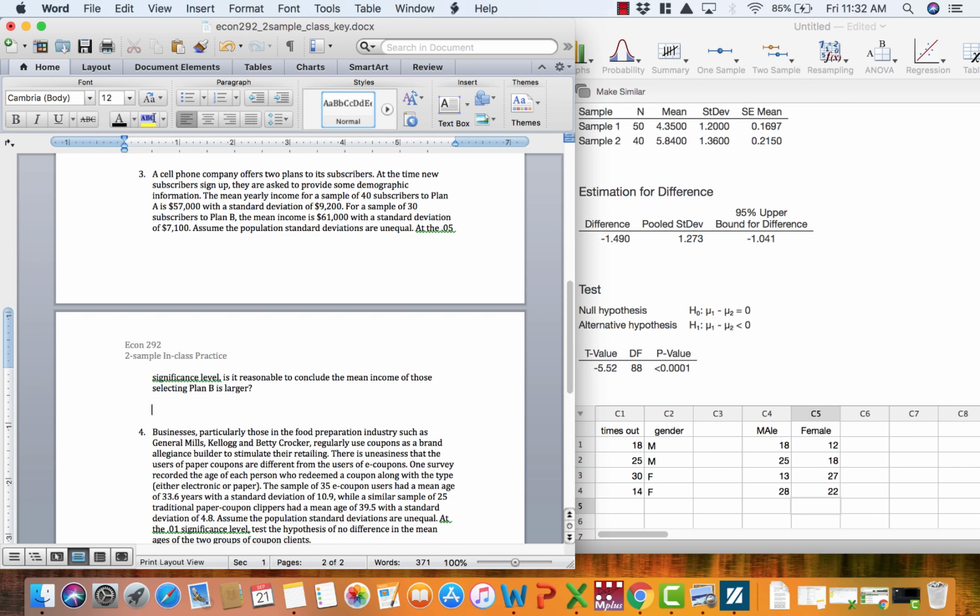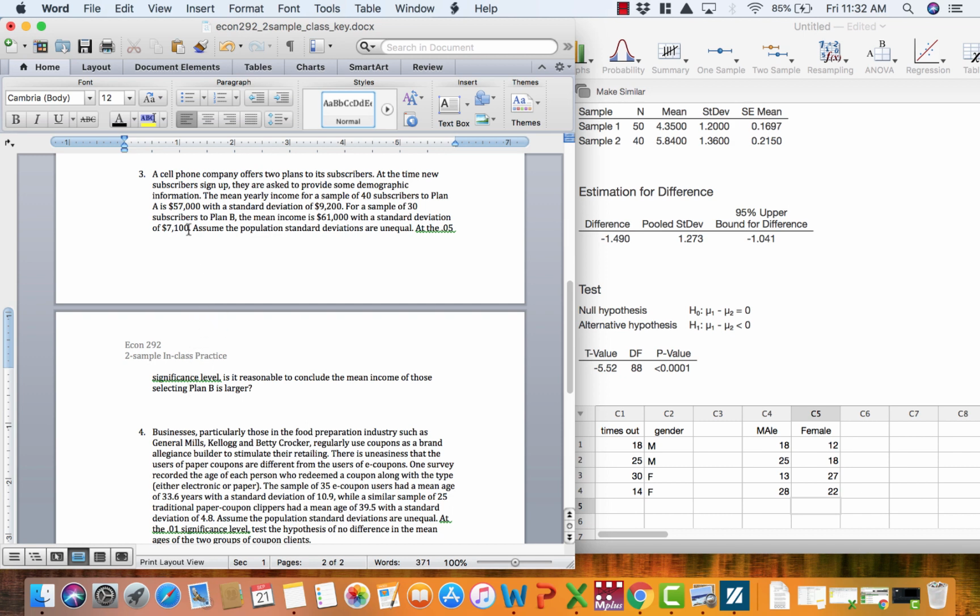The mean yearly income for a sample of 40 subscribers to Plan A is $57,000 with a standard deviation of $9,200. For a sample of 30 subscribers to Plan B, the mean income is $61,000 with a standard deviation of $7,100. Assume the population standard deviations are unequal. At the 5% significance level, is it reasonable to conclude the mean income of those selecting Plan B is larger?